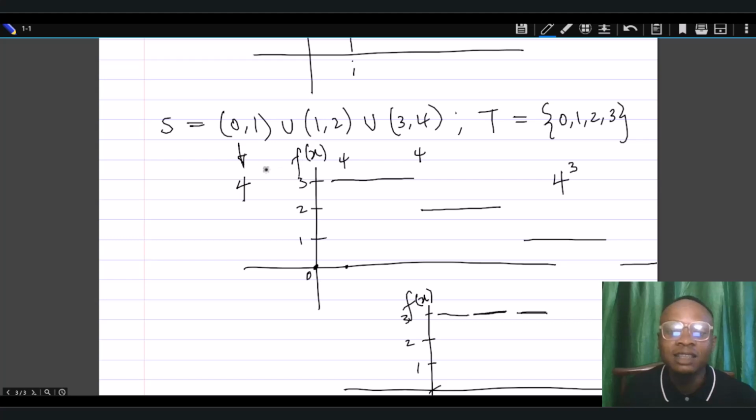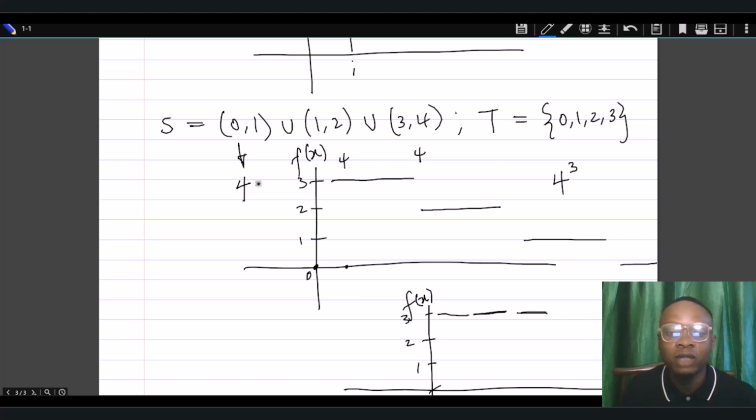Or if you like, say an image can be chosen for all the elements in this interval in 4 ways, and an image can be chosen for all the elements in this interval in 4 ways, and an image can be chosen for all the elements in this interval in 4 ways.